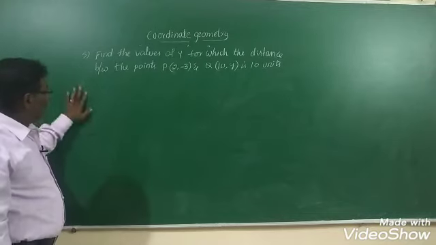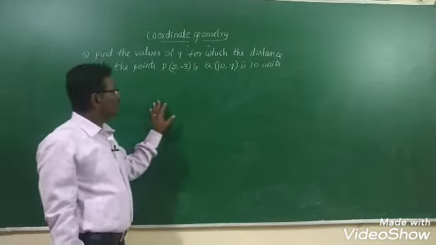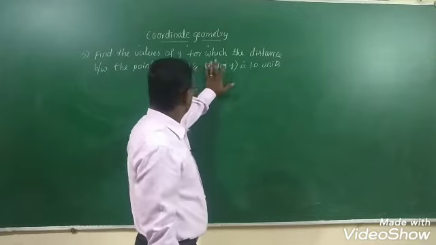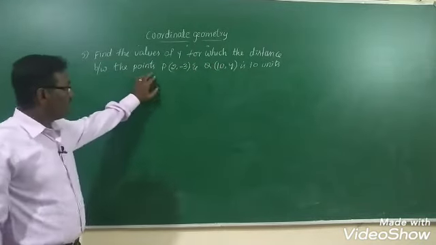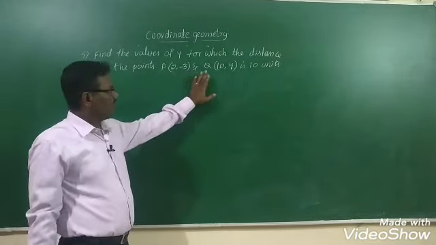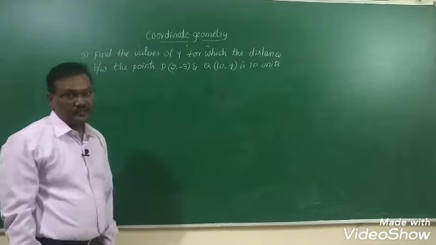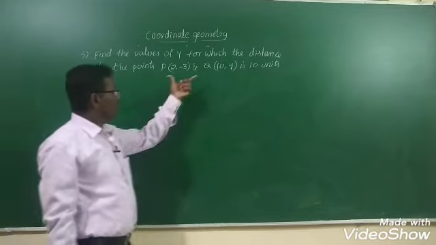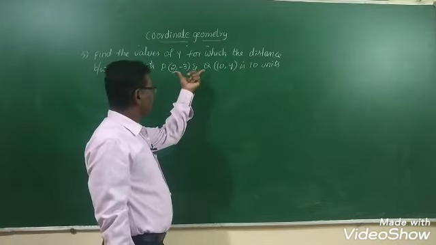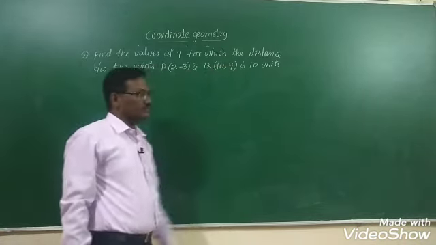Let us solve one more problem. Find the values of y for which the distance between the points P (2, minus 8) and Q (10, y) is 10 units. So they have given that the PQ distance, meaning the PQ length, is 10 units.